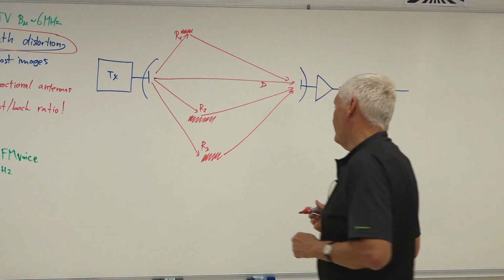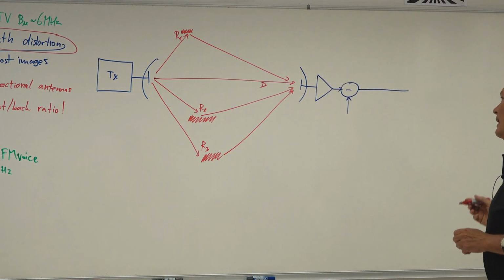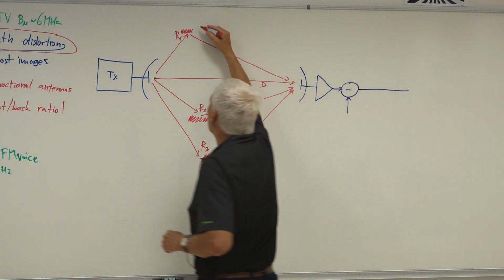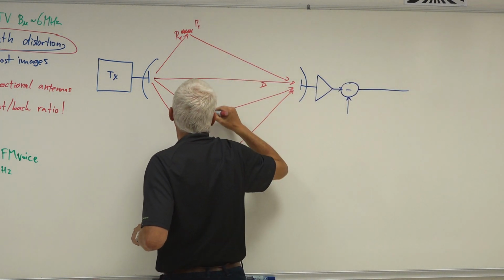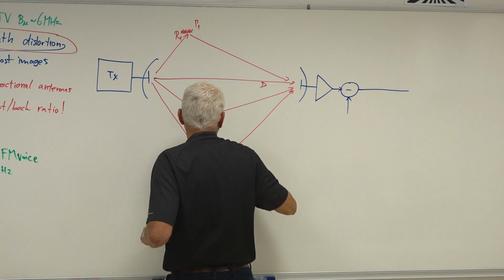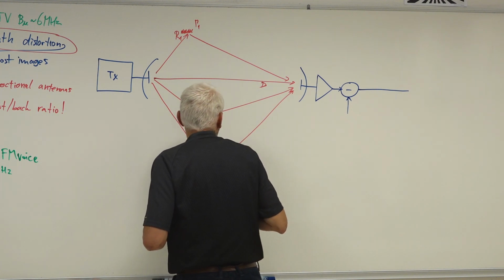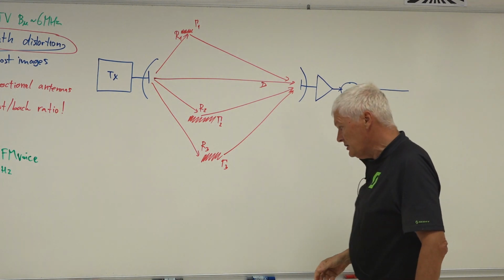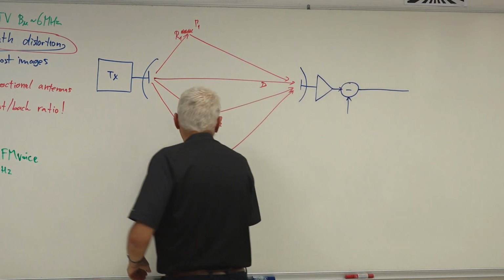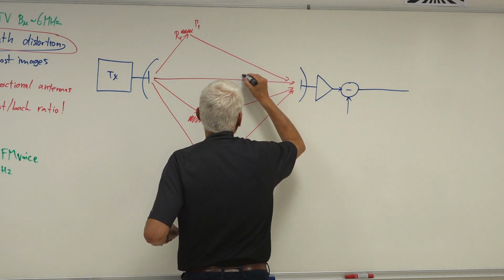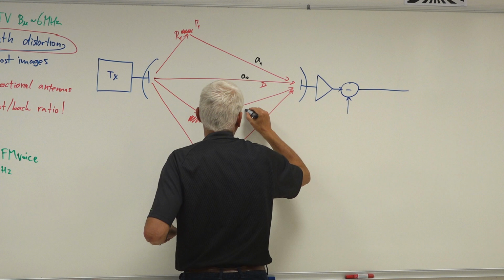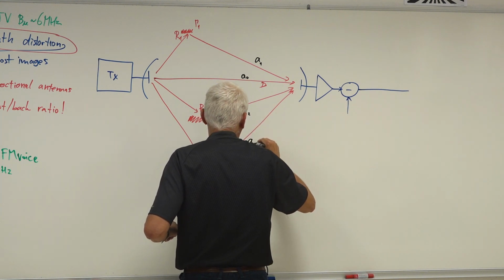So I have reflections from different obstacles. So I have gamma 1 here, gamma 2 for this reflection, gamma 3 for this reflection. And I have different attenuations of this path. So I have maybe A0 for the direct ray, A1, A2, A3.